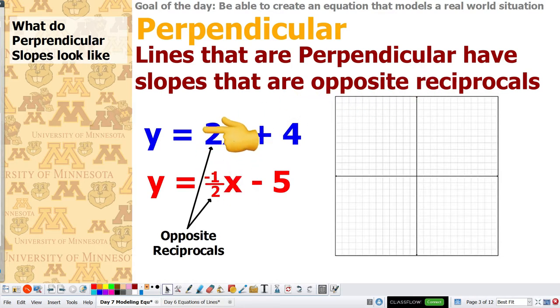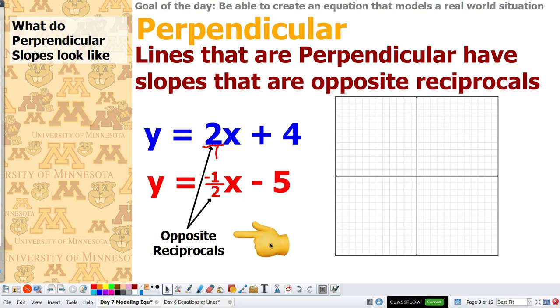So this one's positive, this one's negative, right? That's what the opposite means. Reciprocal means the number is flipped. So you can think of 2, if it's a whole number, as 2 over 1. And then if you flip that, it becomes 1 over 2. So that's the reciprocal part.